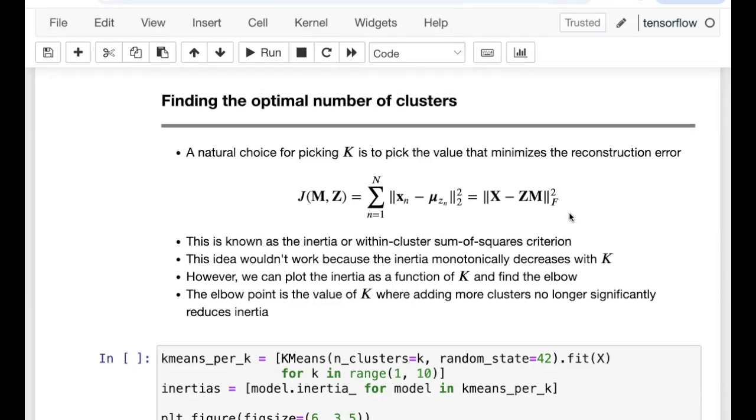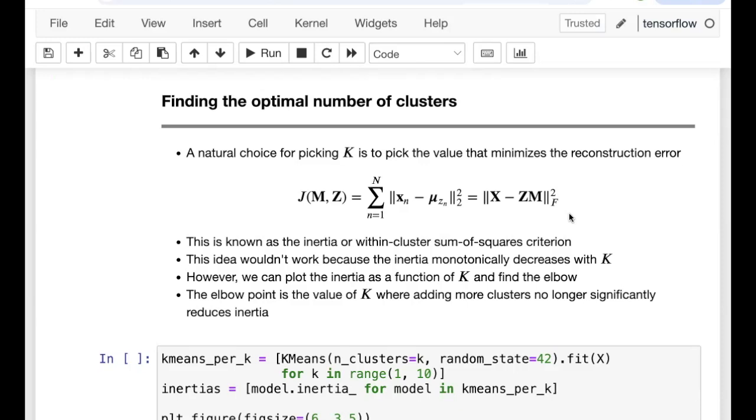So in the extreme case, each data point is its own cluster, and that data point is the cluster center, and this inertia is exactly zero. So it's a trivial solution, but it is very uninformative, because now each data point is its own cluster.